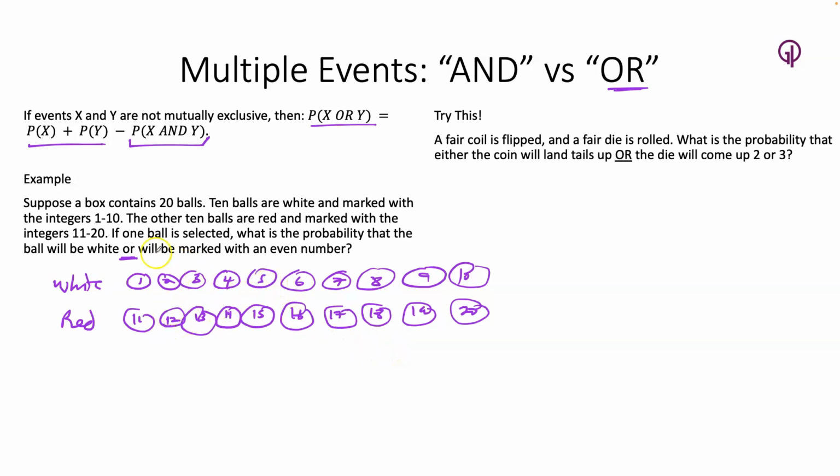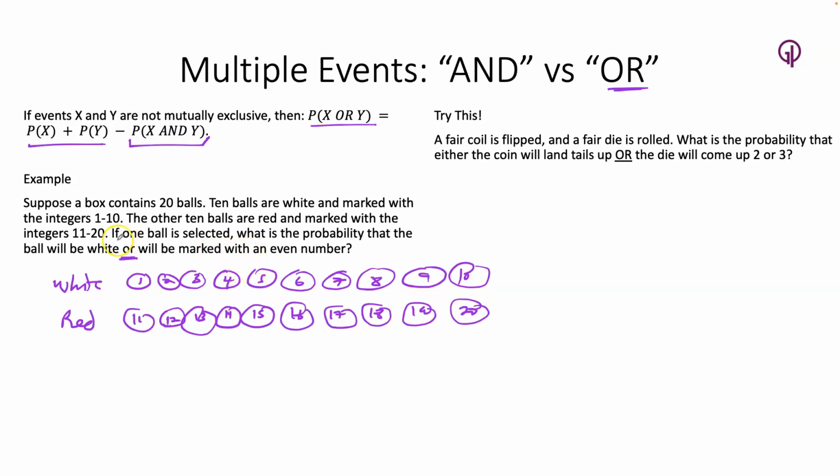Here, the reason why I've listed all the balls is to show you why, even though this is an OR problem, it's not exactly your typical OR problem where the events are mutually exclusive, which means both events cannot occur at the same time.